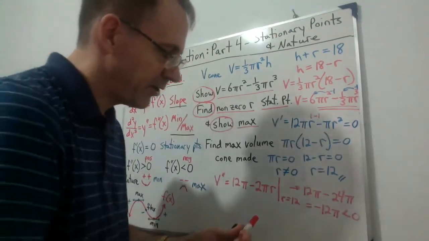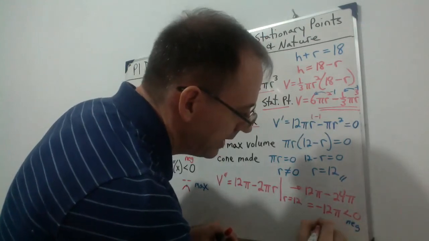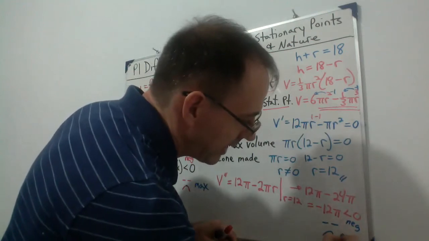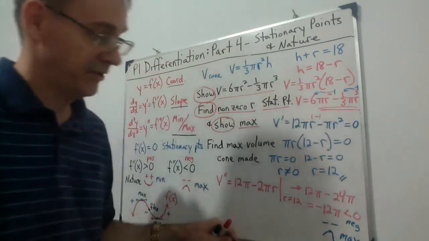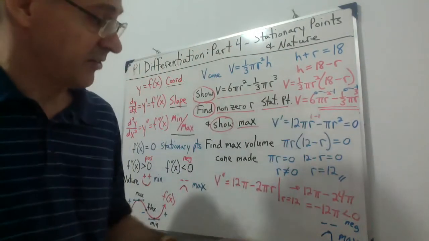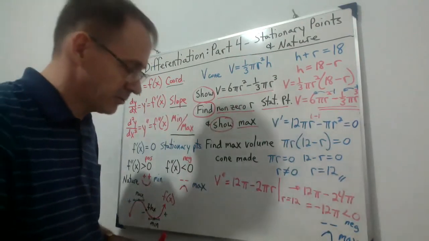Less than 0 is negative, meaning we have the frowny face, meaning this is a maximum. Okay, so our stationary point is at the top of our frowny face. So this is indeed a maximum value.